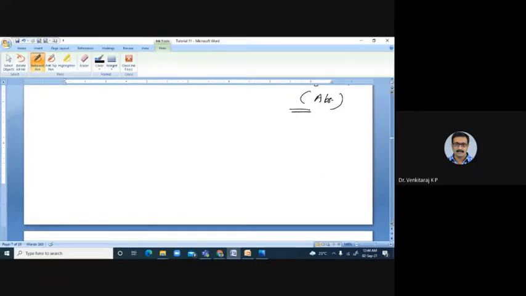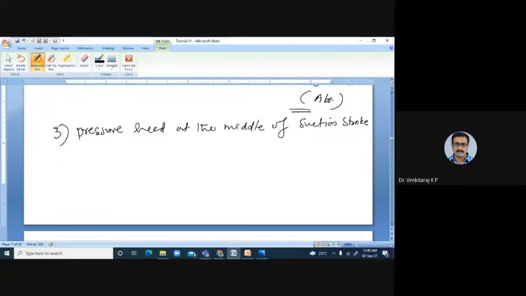So the third calculation on pressure head at the middle of the suction stroke. The middle of the suction stroke.